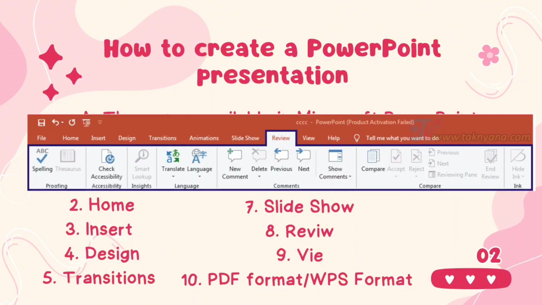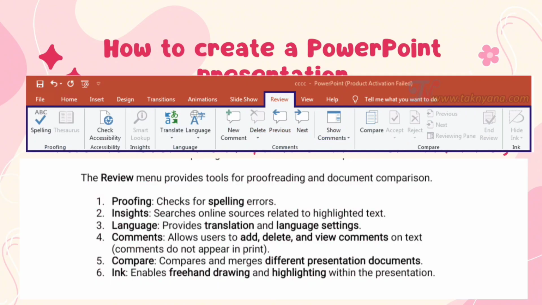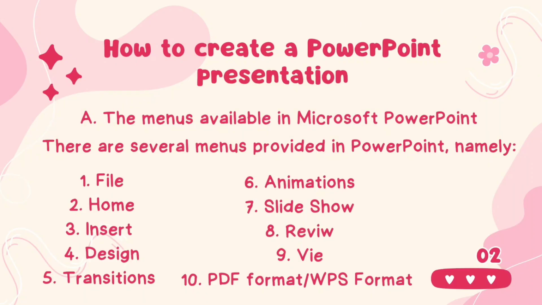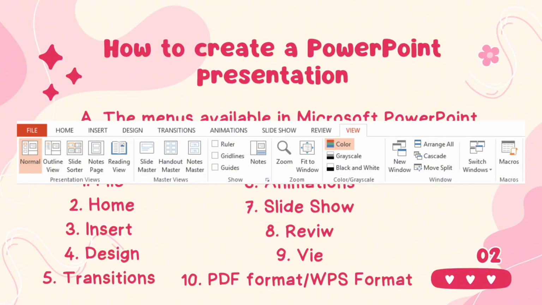8. Review menu. Used to check spelling and add comments to the presentation. The review menu provides tools for proofreading and document comparison. There are proofing, insights, language, comments, compare, and ink. 9. View menu. Change the slide display mode such as normal view or editing mode.